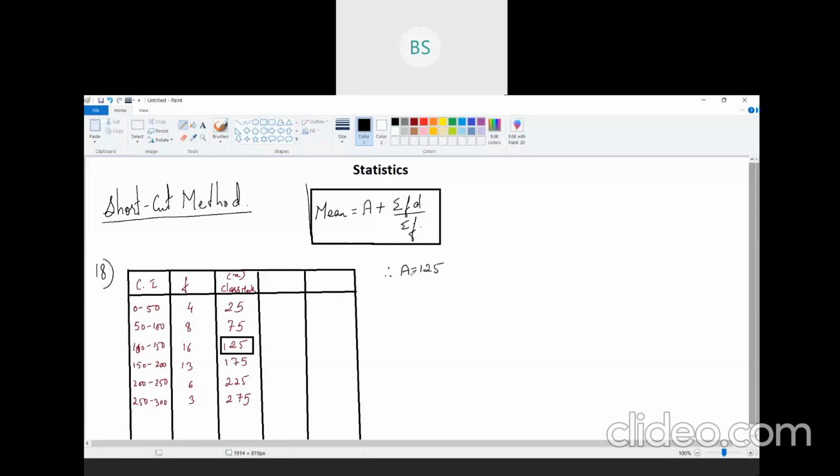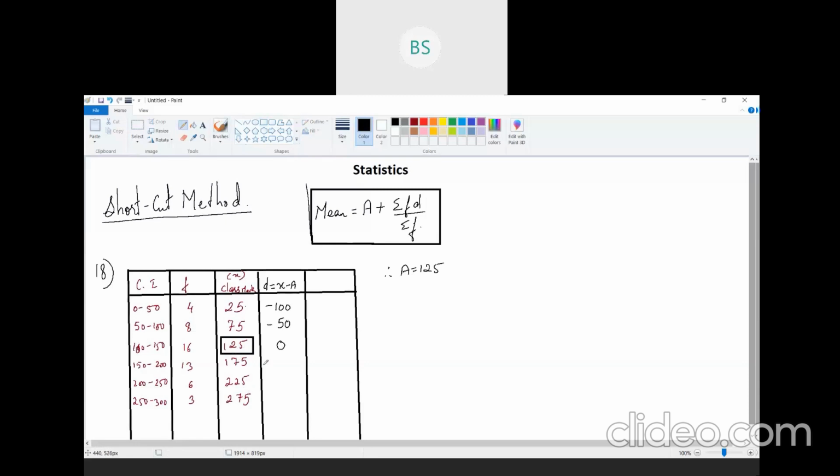Once we assume the mean, next what we have to do? We have to find out D, that is x minus A. So now here it will be 25 minus 125. So this will be minus 100. 75 minus 125, so minus 50. Then here 125 minus 125, 0.